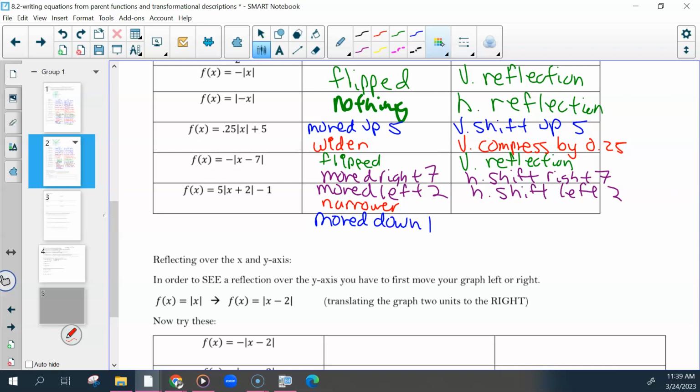Emma? Stretch by what? Not by 2, that's the move left, or, yeah, horizontal shift left. Something that's being multiplied.